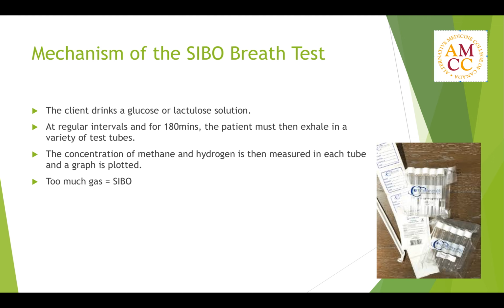The person needs to exhale at the right time in the tubes, and it does take 2 to 3 hours. If you have a clinic that offers this test, they are more and more common, I feel like this is the preferred route because it's administered by trained nursing staff, and the results are usually a little bit quicker. This test is not very expensive. It is cheaper than the IgG test, for instance.